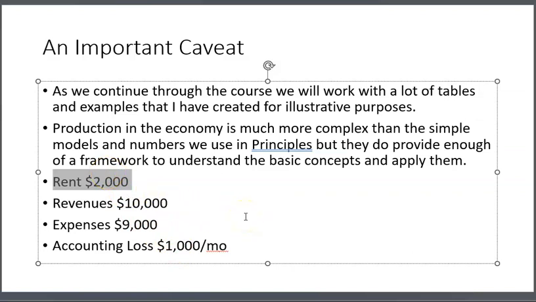And the idea here, something that you need to keep in mind going forward, is that as long as you're able to cover your variable costs in the short run, you are going to remain open. And then in the long run, you will make a decision about whether you should stay open past that time.